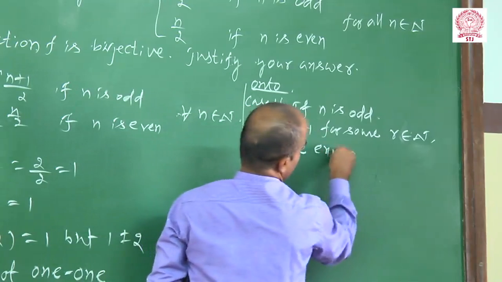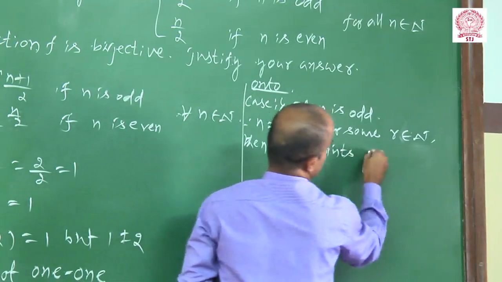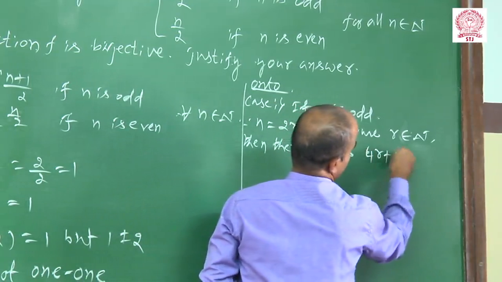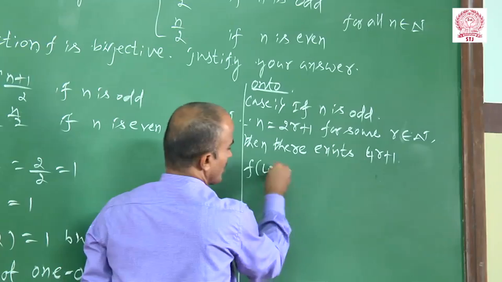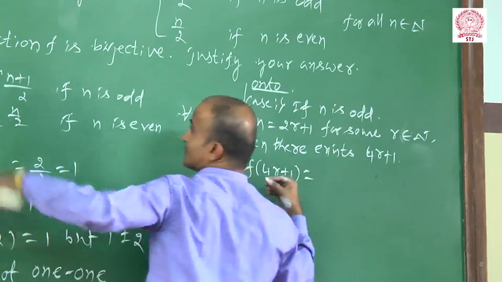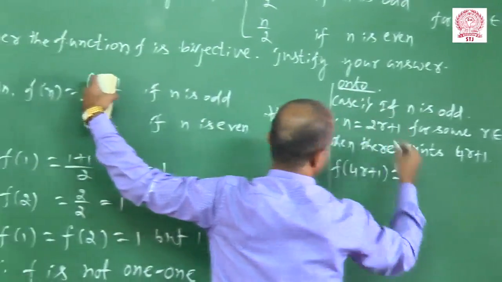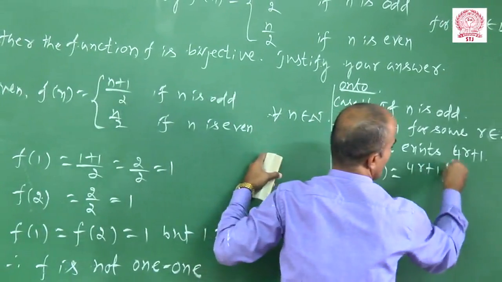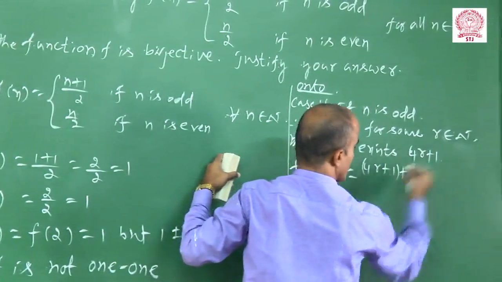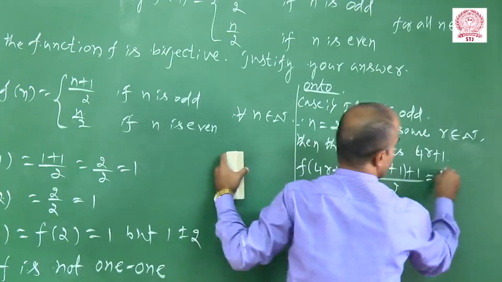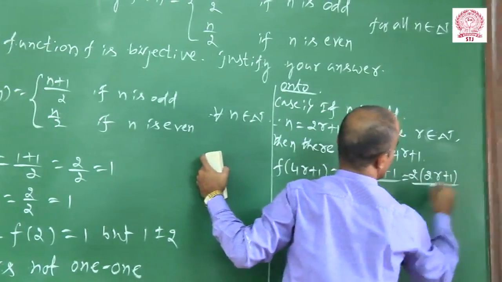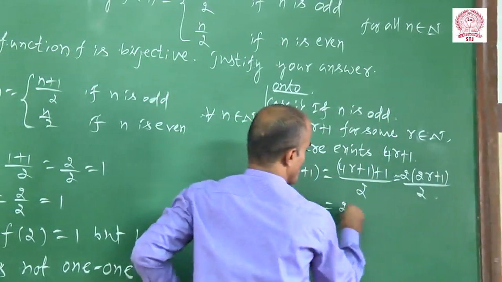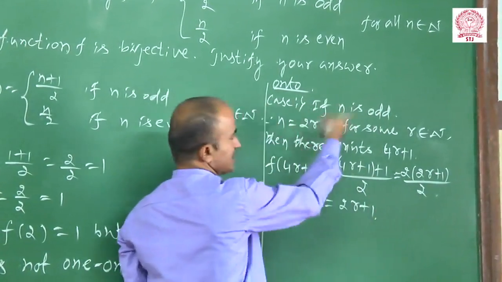Then there exists a natural number 4r plus 1 such that f of (4r plus 1) equals, in place of n, replace it by 4r plus 1, (4r plus 1 plus 1) by 2, and that will be equal to 2 times (2r plus 1) by 2, that will be equal to 2r plus 1, when n is odd.